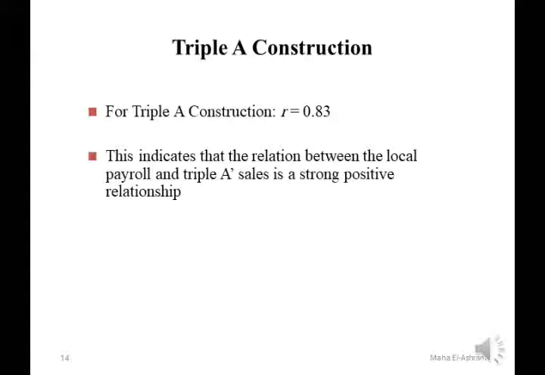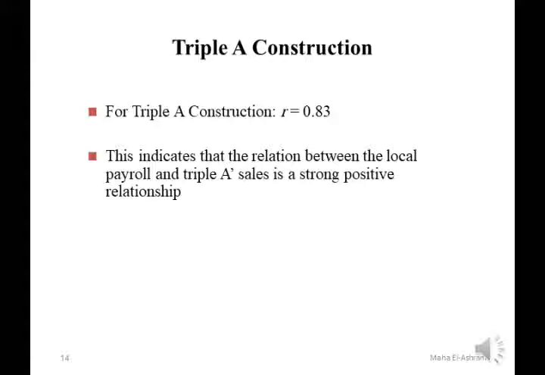Now, for this company, R is calculated to be equal to 0.83, and this is typically what will be given in your exams and assignments. You will not be asked to calculate all figures, but you will be asked to interpret this value. What is meant by R equal to 0.83 in the AAA Construction company example?